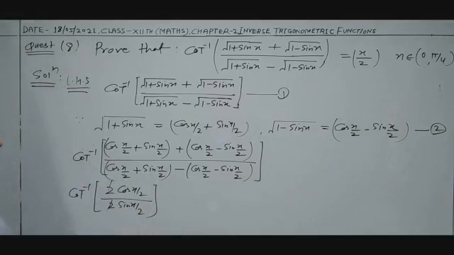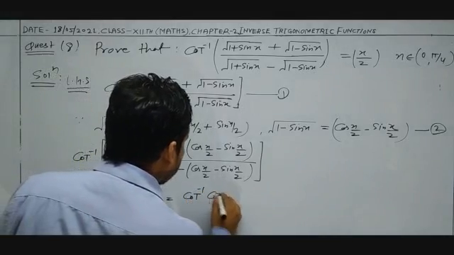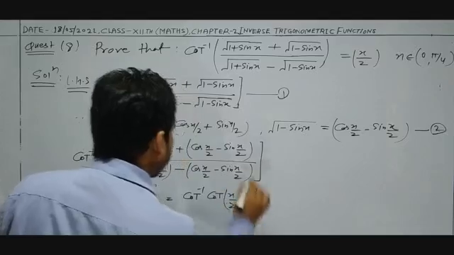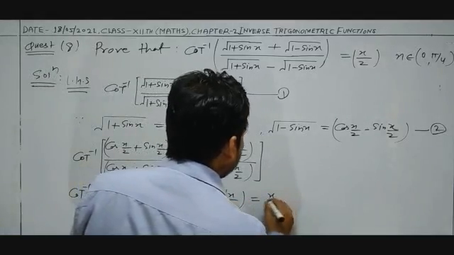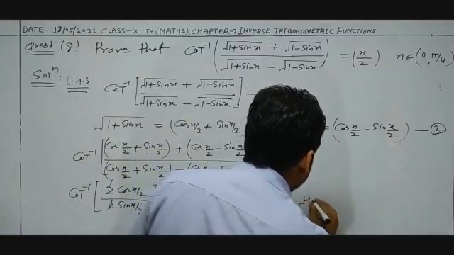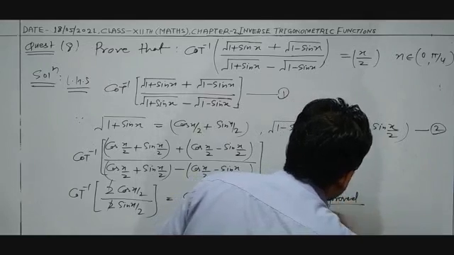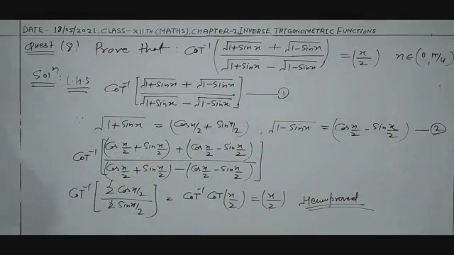This term will cancel out and the result will be cot inverse cot x by 2, and this goes to x by 2. Hence proved. So this is our proof.